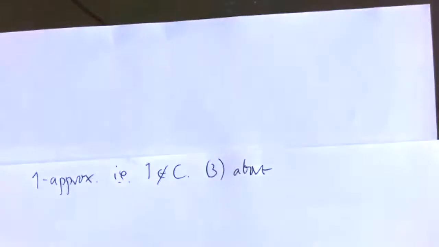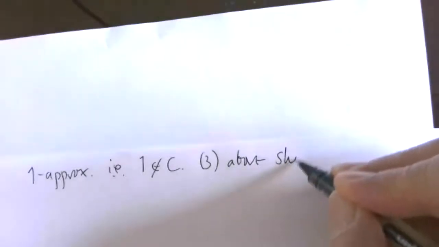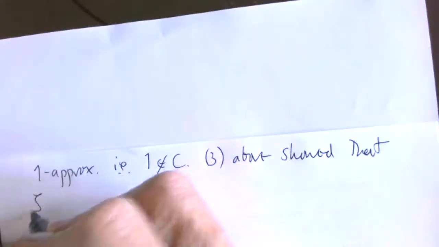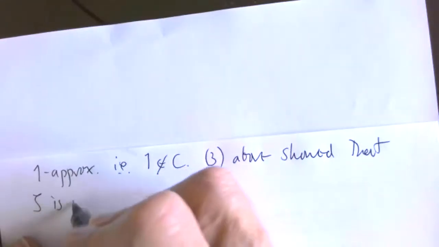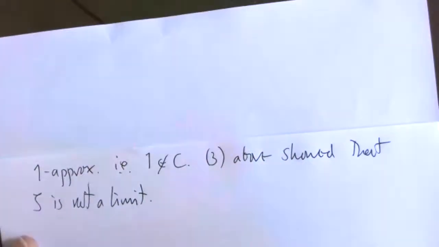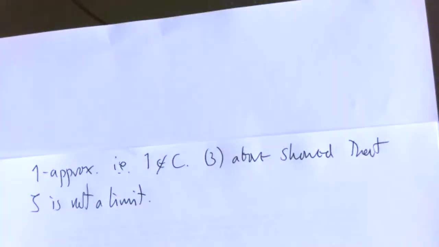So 3 above showed that zeta is not a limit. So it must be a successor of something, and that'll give us our contradiction.